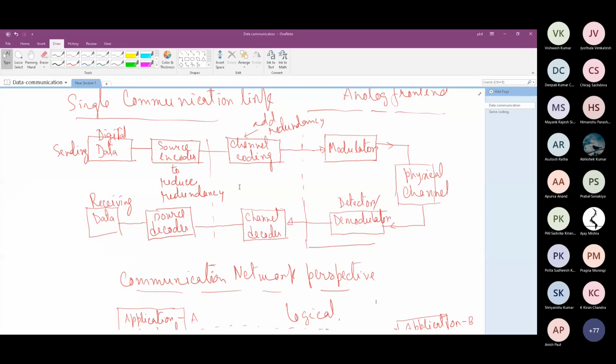Maybe plus 5 volt can be taken as 0 and minus 5 volt can be taken as 1, or maybe minus 5 volt can be taken as 0 or plus 5 volt can be taken as 0. So essentially some kind of coding is done even in the rudimentary kind of signals.